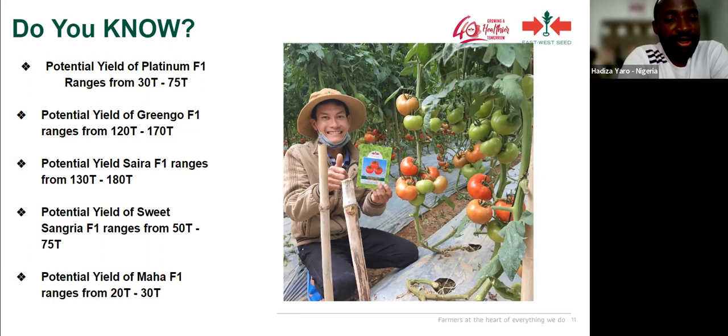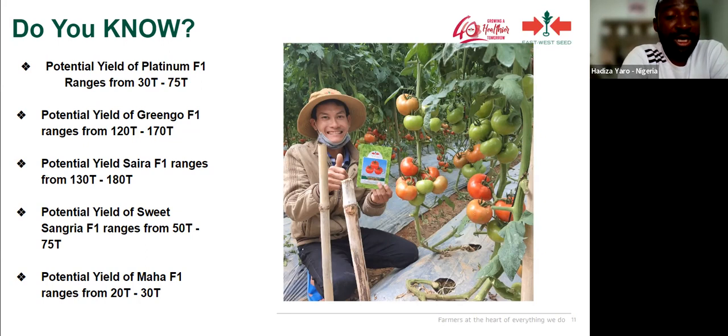So also for sweet sangria, looking at the challenges like other crops, the water, the fertilization, and pest management, especially the insect pests. That's what most of our farmers run or shy away from.